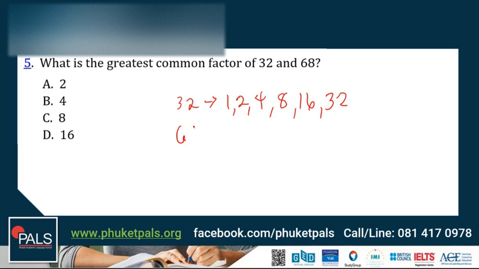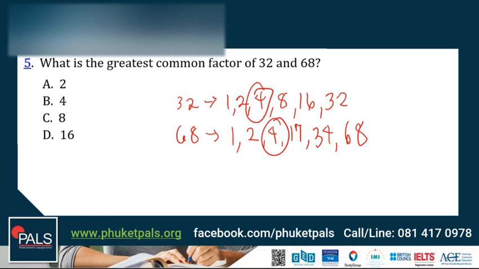Then 68, we've got 1, 2, 4, 17, 34, and 68. Now the greatest common factor is 4, letter B.